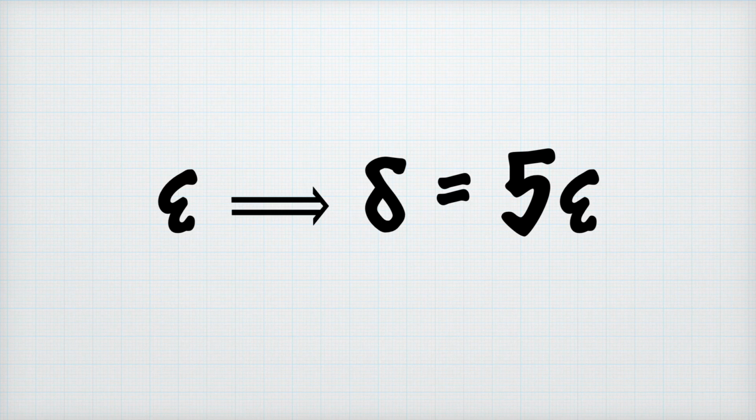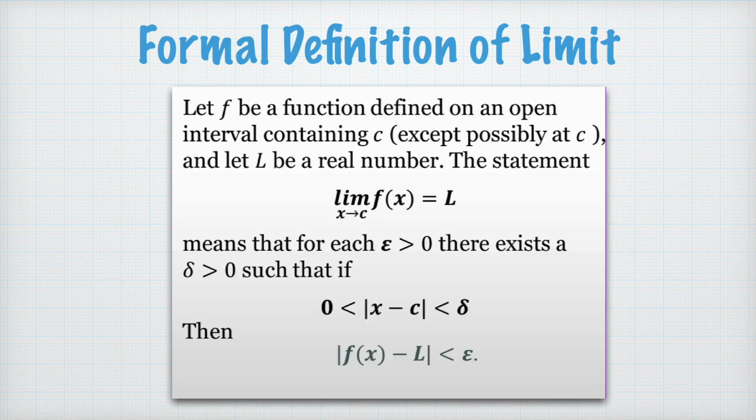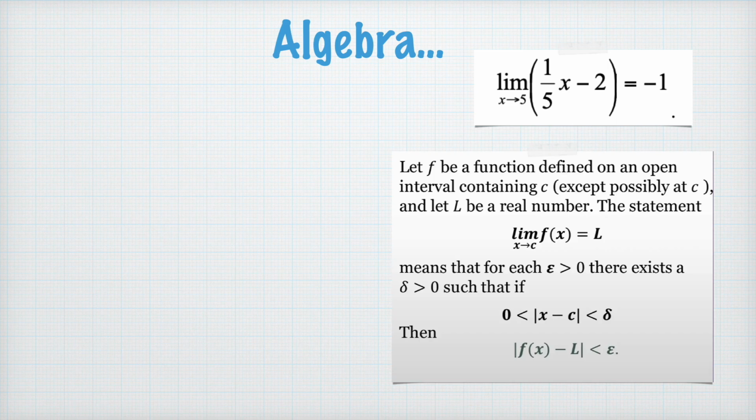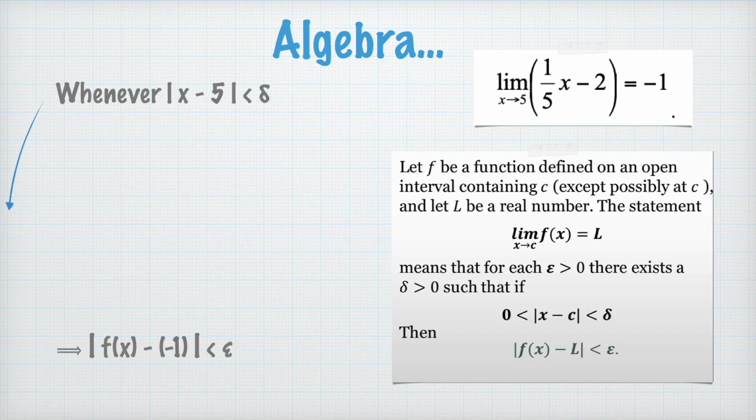Now, once we come up with a delta, we have one more step before writing the proof. We need to take what the definition says and make it work with our delta and epsilon. We need to start with this and then get to this. Meaning, we need to get from here to here. In order to do this, I find it easier to work backwards. We start with the function minus the limit is less than epsilon.